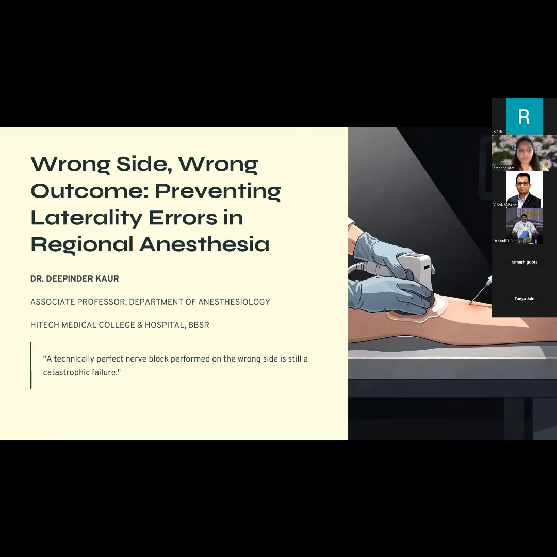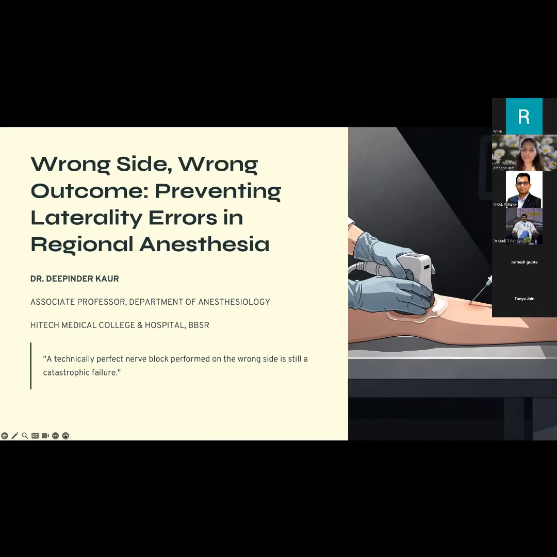The topic for the first discussion today is wrong side, wrong outcome: preventing laterality errors in regional anesthesia. The basic point of this discussion is, no matter how technically perfect or sound your block was, once performed on the wrong side, it's still considered a failure.